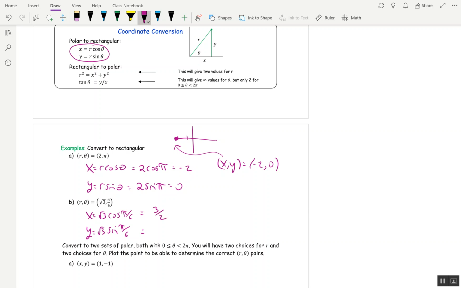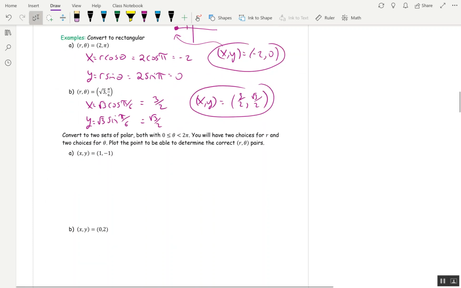And for the next one, sine of pi over 6 is 1/2, so this is √3 over 2. So xy is 3/2, √3 over 2. Let me circle these.